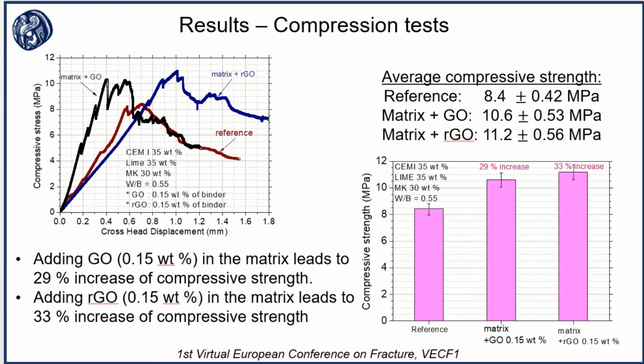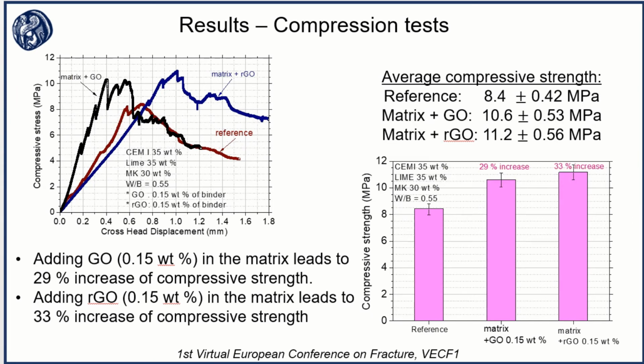The same logic is followed in the compression test, where the figure of compressive stress against the crosshead displacement for the three characteristic curves of the reference, the matrix with RGO and the matrix with GO, are presented in the left figure. The average compressive strength for the reference is 8.4 with a standard deviation of 0.42 megapascal.